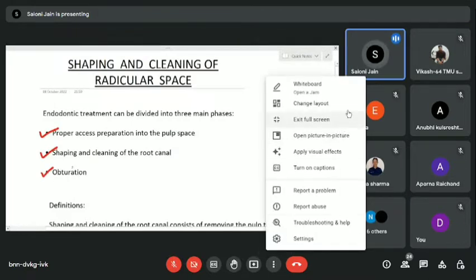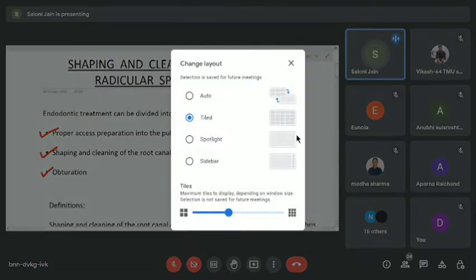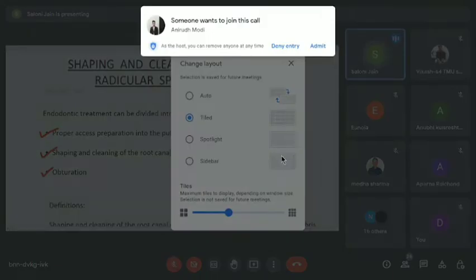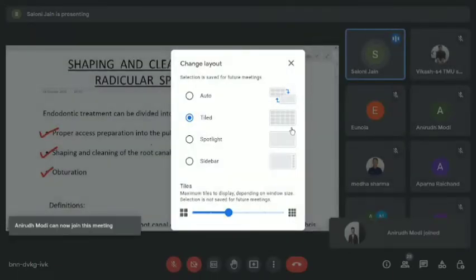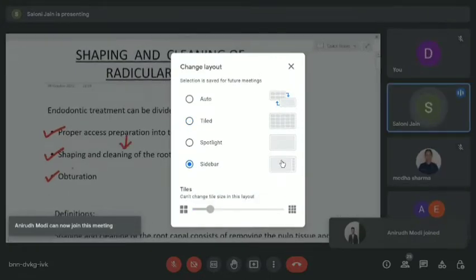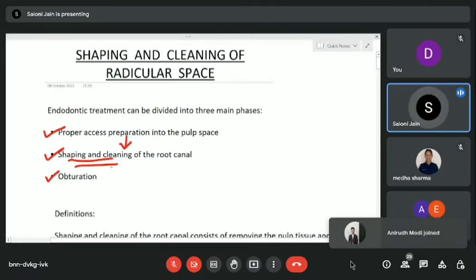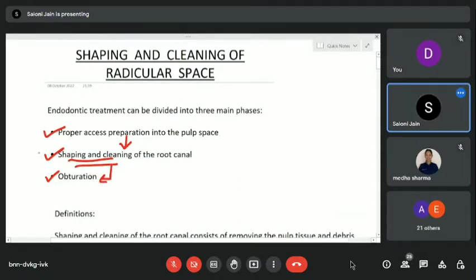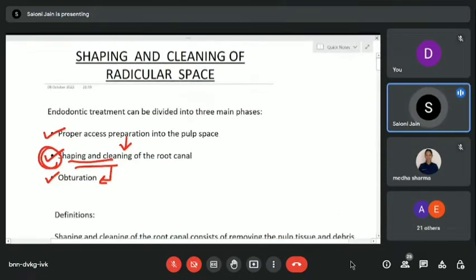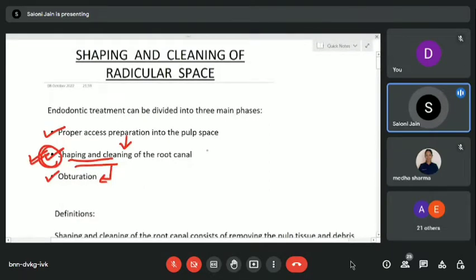A proper access cavity preparation or opening of the tooth is a very important step. Following that is your shaping and cleaning, which we'll discuss today. And when you seal that space, that is known as obturation. So today we'll be dealing with an integral part, that is shaping and cleaning of the root canal space.